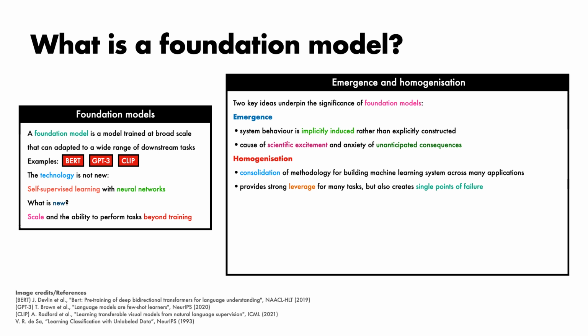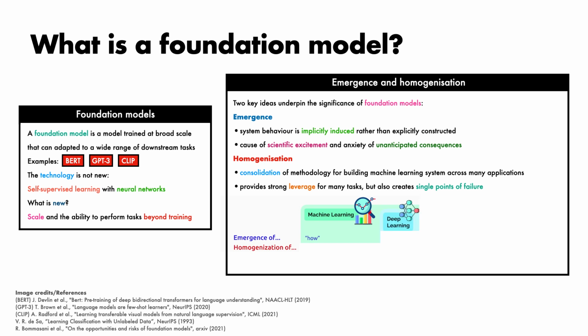These concepts of emergence and homogenization can be understood within the broader story of AI development. With machine learning, how a task is performed emerges from examples. With deep learning, which fits within machine learning, what emerges are the set of features used to perform prediction, while with foundation models, what emerges are new functionalities like in-context learning.